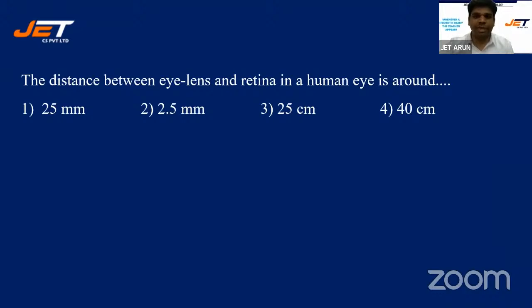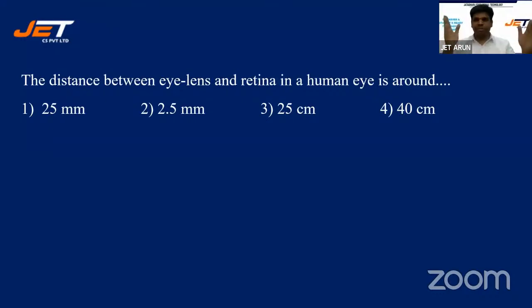Between retina and eye lens, it is a small distance. 2.5 mm is too small, students. 25 centimeters and 40 centimeters are too huge to be answers. 25 centimeters is this much, 15 centimeters is the scale, 20 centimeters is this much, 40 centimeters would be this much.